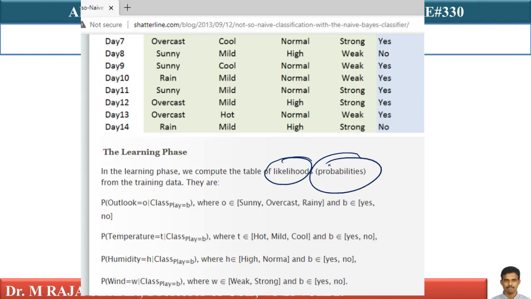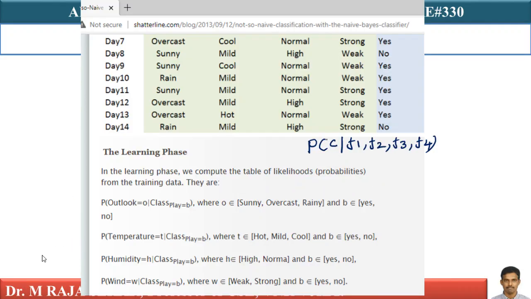Likelihoods means we have to calculate probabilities. I can say likelihoods are nothing but the probability of a feature given the class label. My data point has 4 features. How many features does my data point have? F1, F2, F3, F4, 4 features, isn't it?